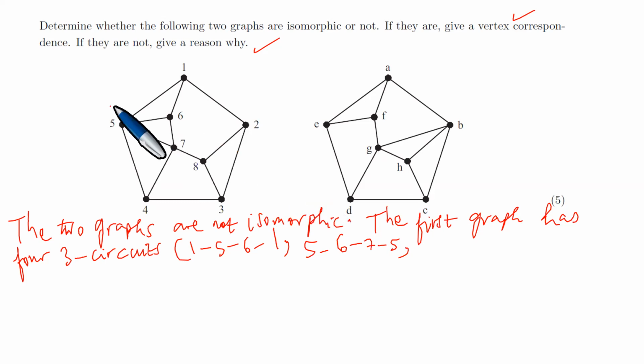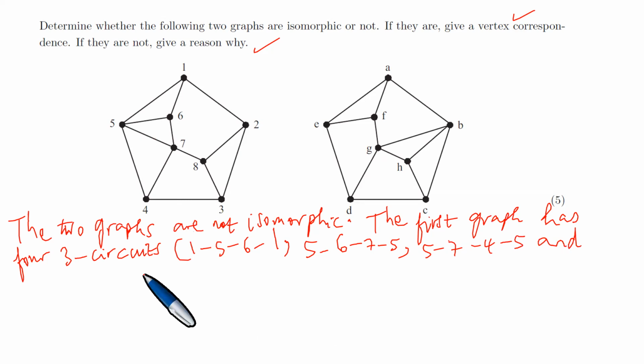If you exhaust all the 3-cycles here, there must be the same number there. There's another one: 5, 7, 4, 5. So that is also another 3-cycle.